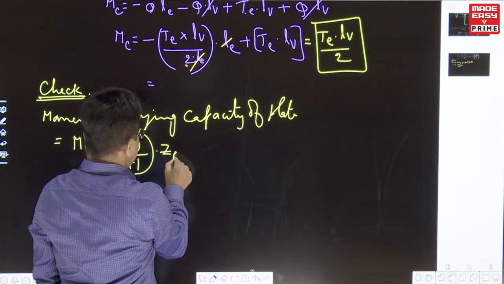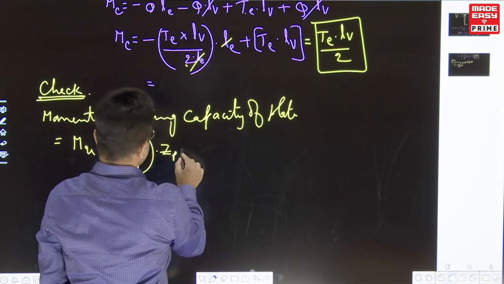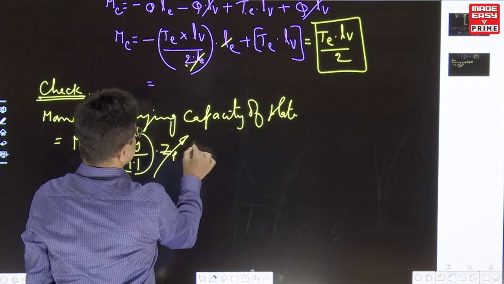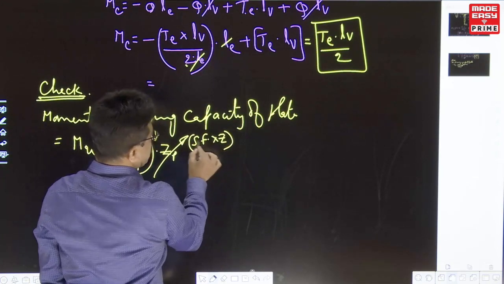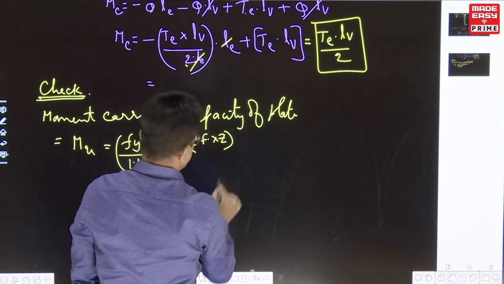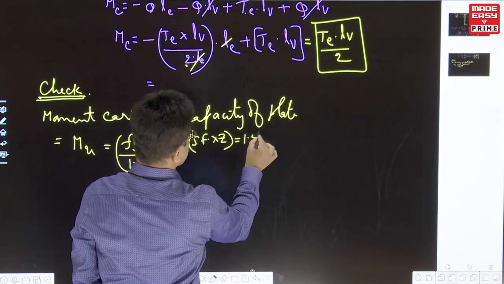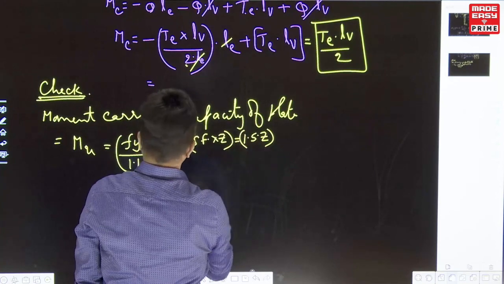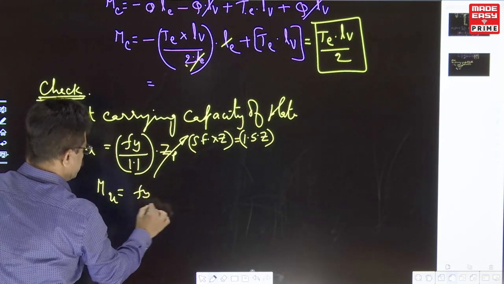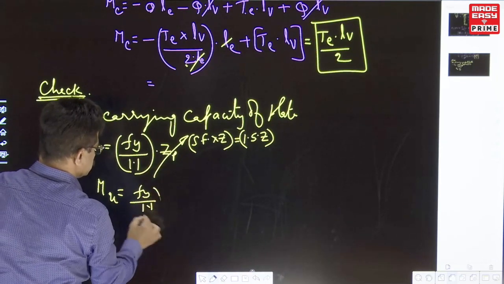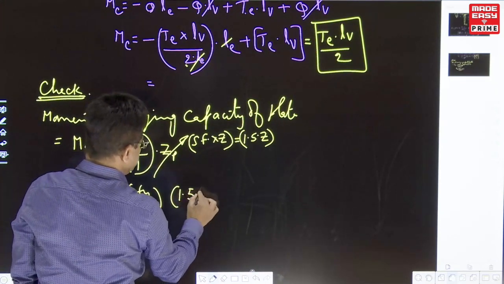So Zp value is nothing but shape factor into Ze. Shape factor for a rectangular section is how much? 1.5. So you will get the Mu value, Fy by 1.1 into Zp, which is 1.5 Ze.